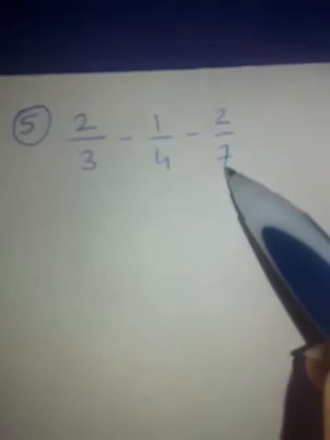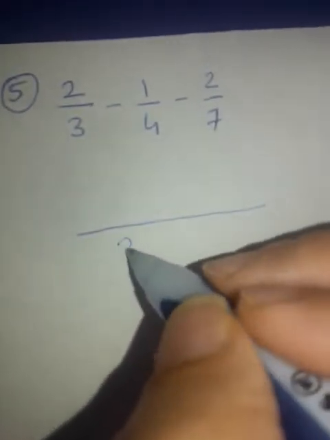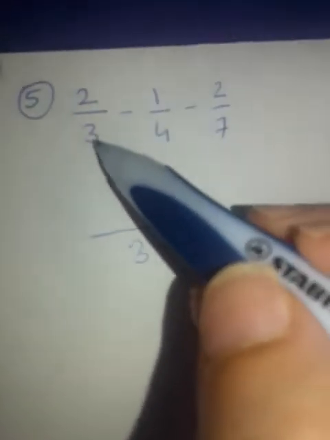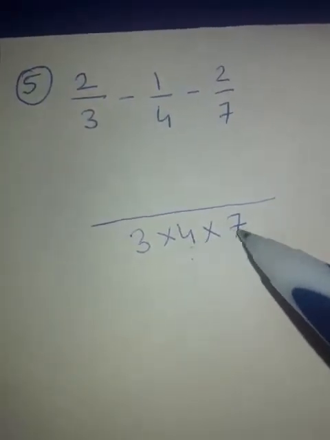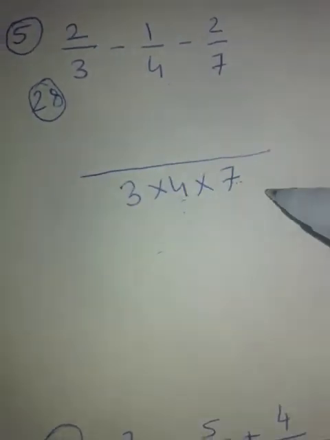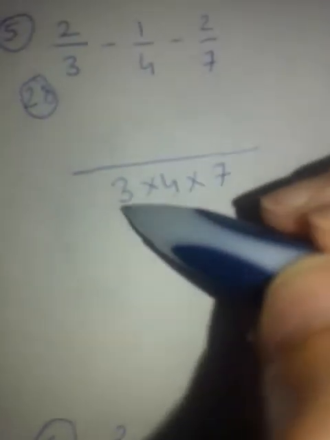Next example. 3, 4, 7. There is no common factor between them, so their LCM is going to be their product only. 3 into 4 into 7. What is the relation between this and this? It will be the product of the remaining two numbers. 7 4s are 28. We have already solved a sum like this. 28. For 4, the relation between them will be this multiplied by the remaining two numbers.